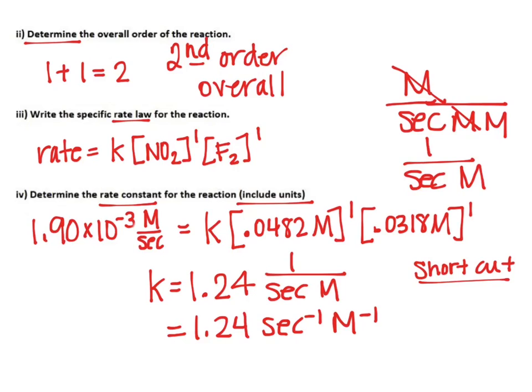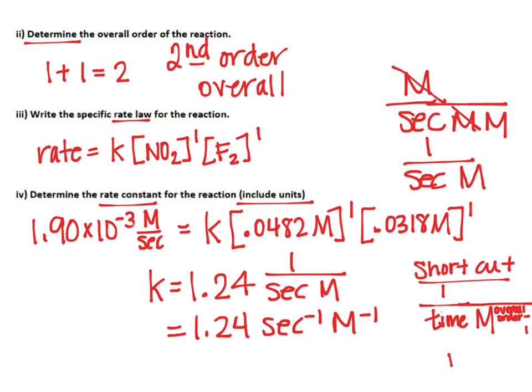What you're going to have here is 1 over your time, whatever your time is, minute, seconds, whatever. And then you're going to have molarity. And then you need to look at your overall order minus 1.